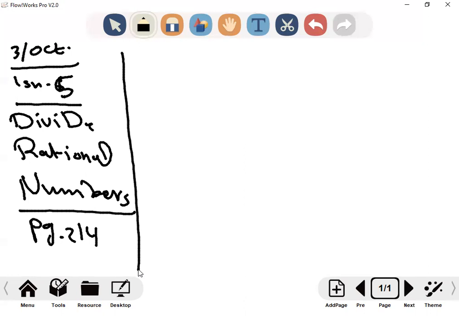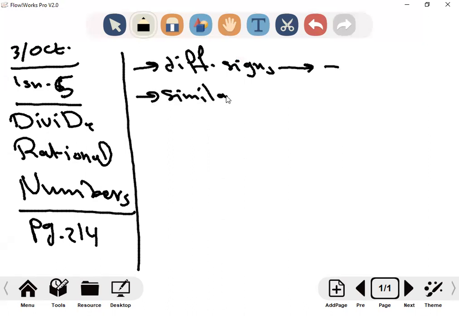Now let's remember what we did in the previous period. We said if we have different signs in division, the answer is negative. If we have similar signs, the answer is positive.